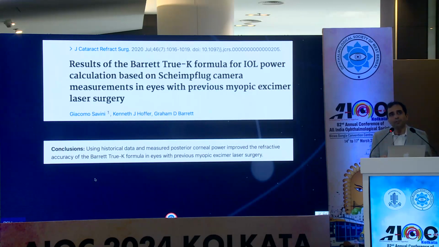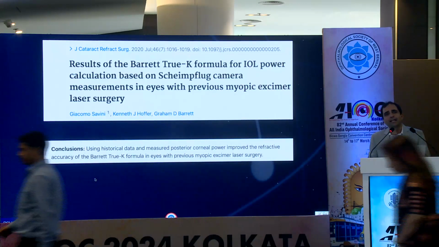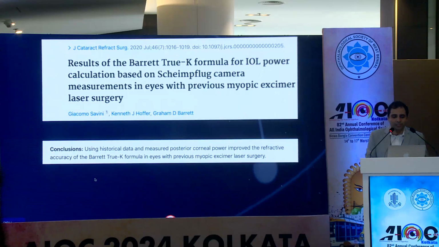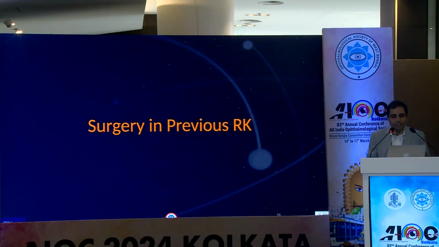And in fact, we have been part of a multi-center study which is now in peer review for publication, and I can share that we found an equal number of eyes within plus or minus 1 and equal number of eyes within plus or minus 0.5 diopters with or without the posterior K. The only advantage the posterior K gave was that the predicted error was more accurate with the posterior K than without it. So it may add a slight edge in special eyes, but measuring the posterior cornea is not a deal breaker.